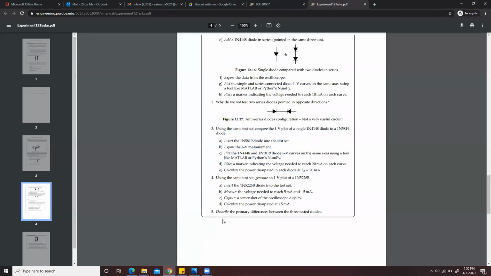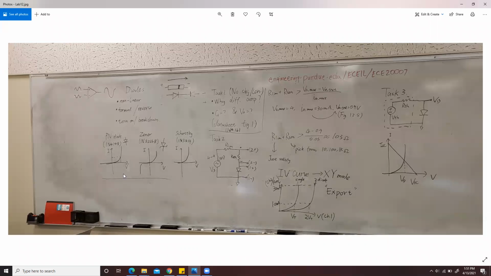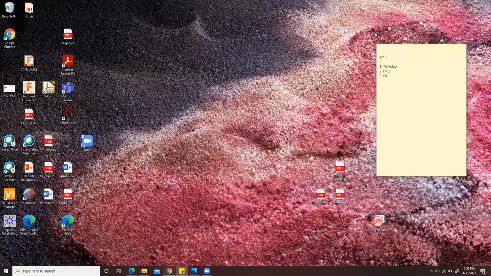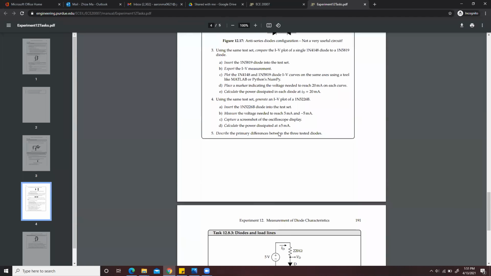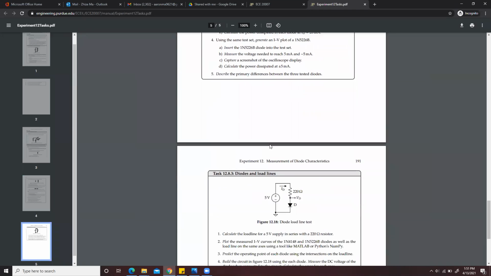The last question is asking what's the difference between the three diodes. As I mentioned, you can compare the difference from the 10 milliamp voltage, and for example, this one has a reverse bias current. So that's how you can describe the difference. All right, so that's task 2.